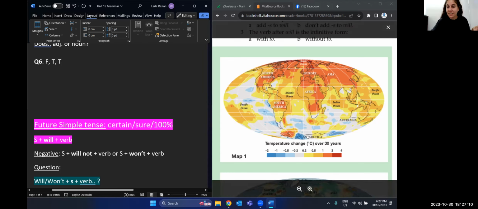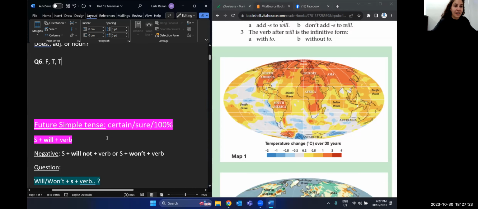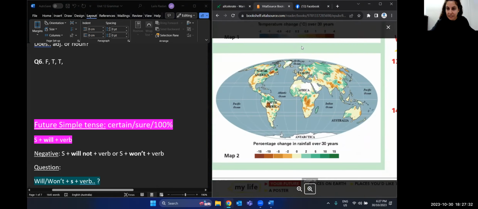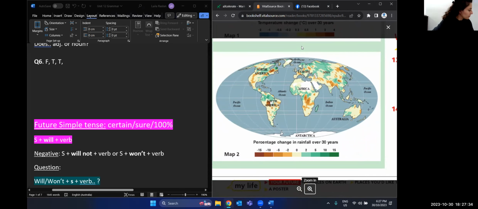The temperature in the bottom of the earth has decreased in 30 years. The temperature has gone down, decreased. Yes, true. Okay, map 2, it says, question 4, rainfall has increased in Western Australia and it has decreased in Eastern Australia.